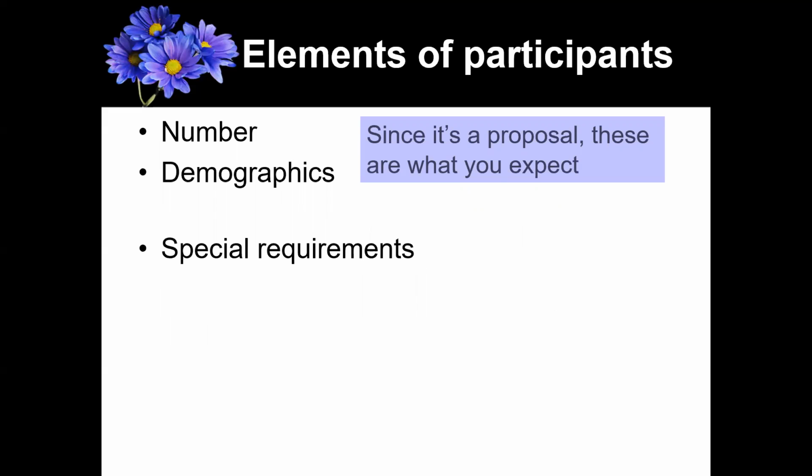The number would just be how many people are going to do your study, or how many people you would like to do your study because it's hypothetical. Demographics would be any relevant information about things like age, gender, where you got them from, education level, anything like that. On that note, if you need to, you would also list any special requirements.